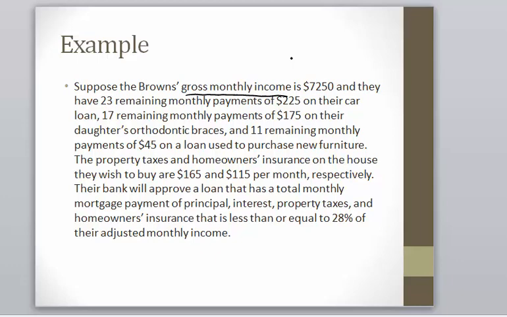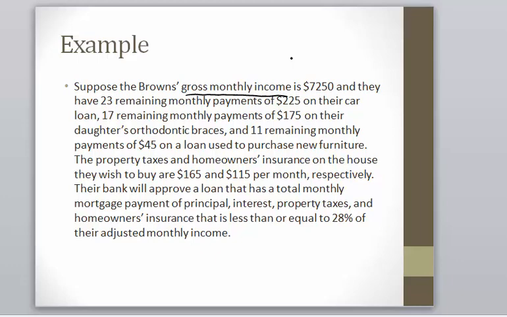So their gross monthly income is $7,250, and they have 23 remaining monthly payments of $225 on their car loan, 17 remaining monthly payments of $175 on their daughter's orthodontic braces, and 11 remaining monthly payments of $45 on a loan used to purchase new furniture.